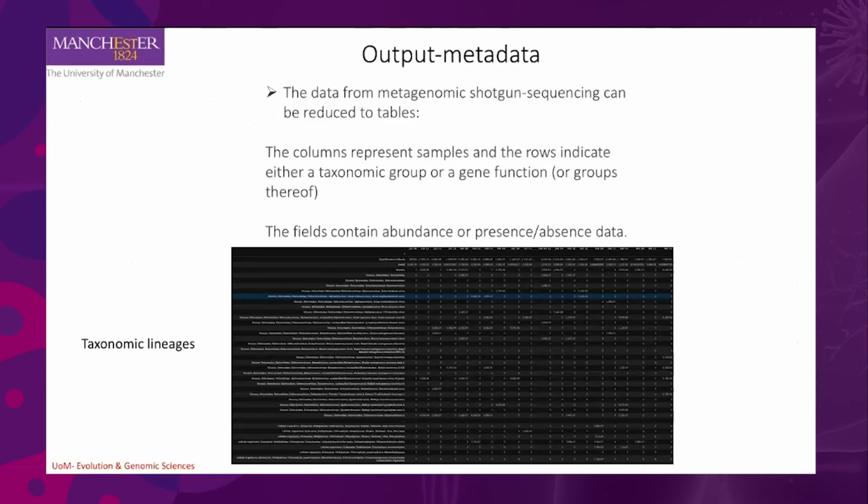And the fields contain the abundance or the presence-absence data, or the raw number of sequencing reads. And as we discussed, the rows carry, at least in this case, the taxonomic lineages. So this is the first level, let's say, of metadata that we obtain after our computational pipeline.